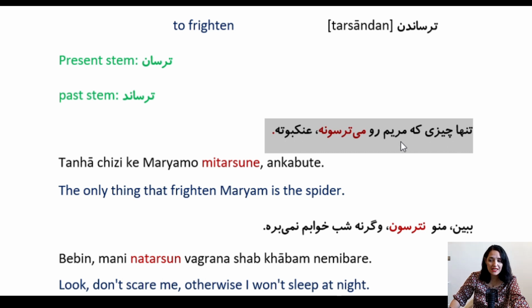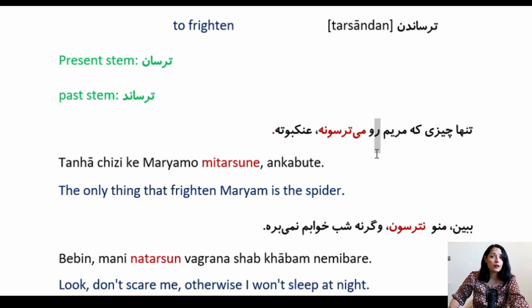تنها چیزی که مریمو میترسونه عنکبوته. Pay attention that I omit re sound in Maryam ro. I said Maryamu, because Maryam terminates in a consonant sound, Maryam.